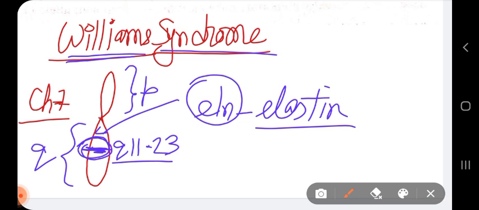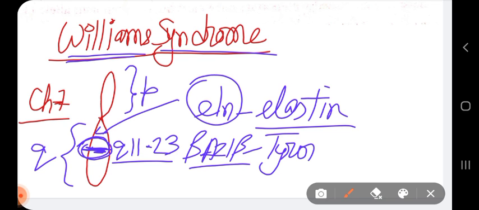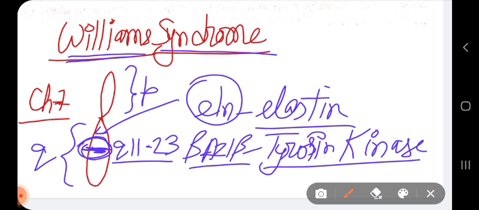Another gene which is present on this region Q11.23 is BAZ1B, which codes for tyrosine protein kinase, the tyrosine kinase enzyme.